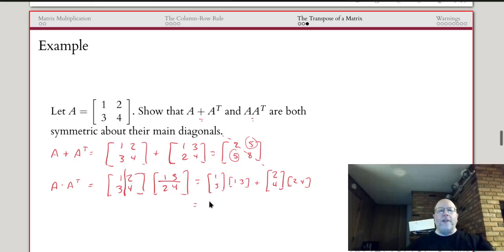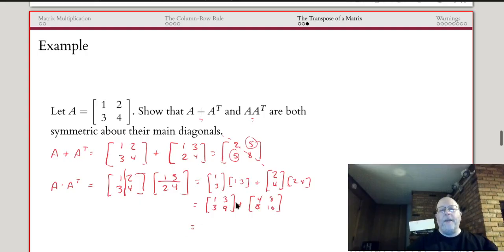So 1, 3 times 1 is 1, 3. 1, 3 times 3 is 3, 9. 2, 4 times 2 is 4, 8. 2, 4 times 4 is 8, 16.